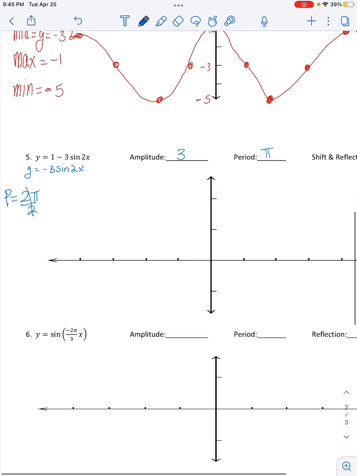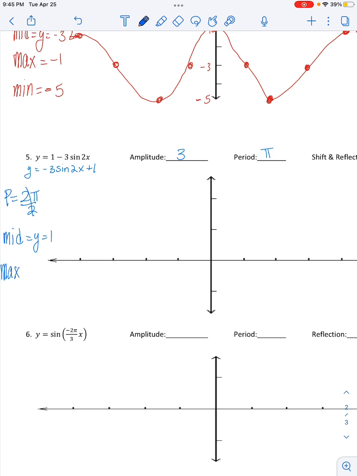Other things you want to highlight is our maximum. Oh, I forgot about the +1. So we know that we're shifting up 1 unit, which means since it's sine, our midline is going to be y equals 1.